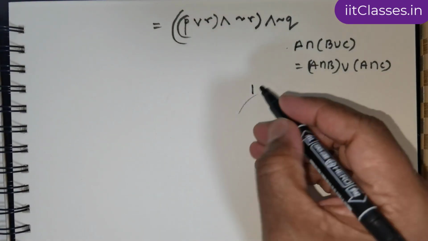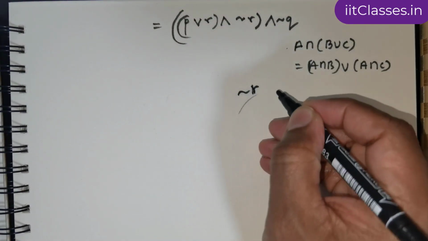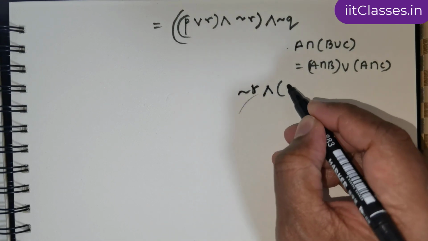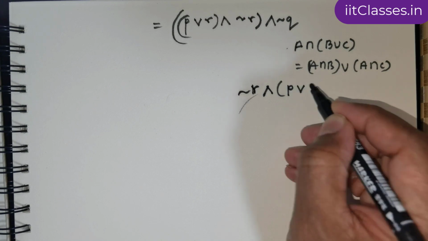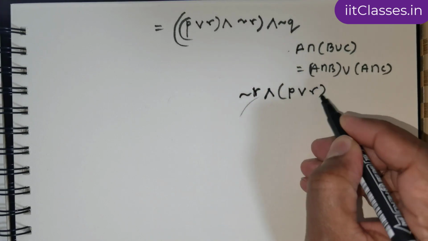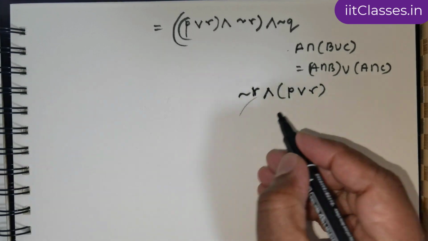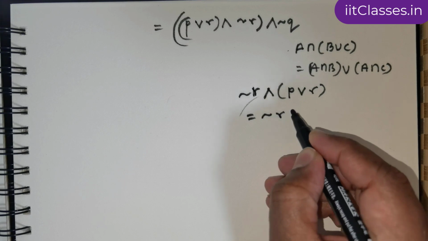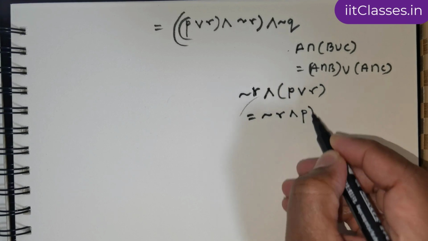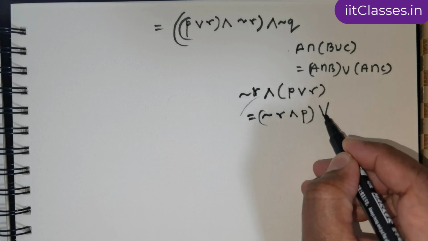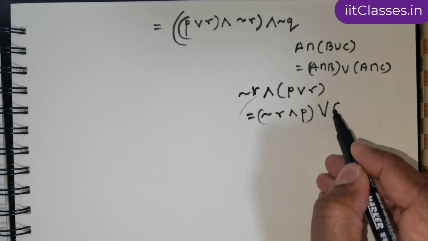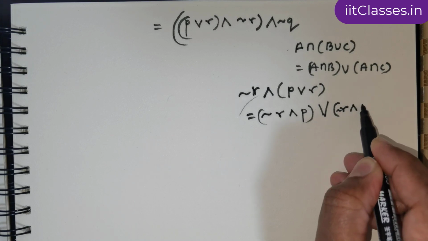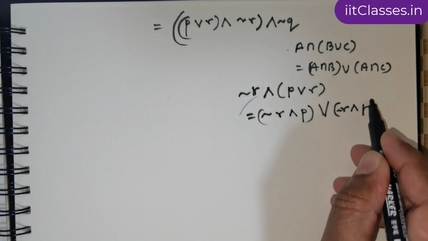So I'm going to start with negation of R followed by conjunction, and then we have got P disjunction R, right? So this is equal to, I can write this as negation of R conjunction P followed by disjunction, and then negation of R conjunction R, right?